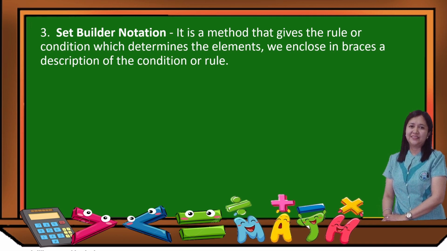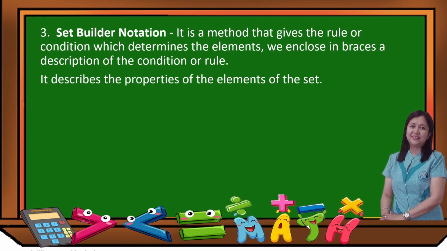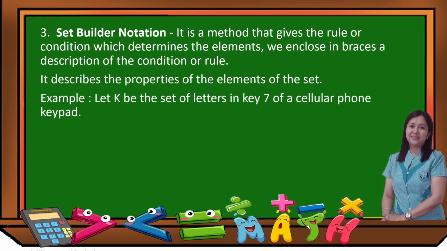The other one is the set builder notation. It is a method that gives the rule or condition which determines the elements. We enclose in braces a description of the condition or rule. It describes the properties of the elements of the set. Example, let K be the set of letters in key 7 of a cellular phone keypad.